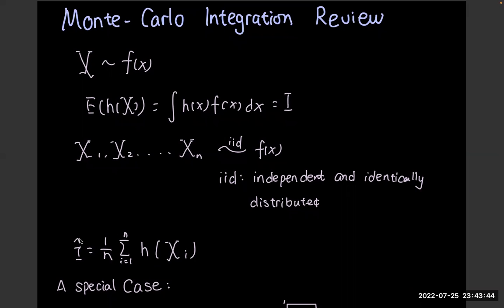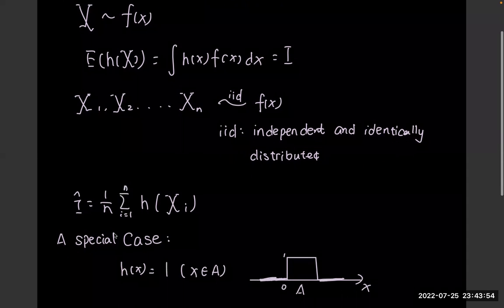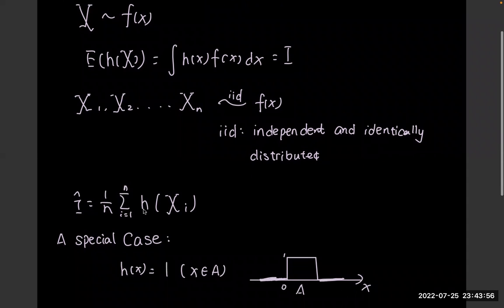We put a hat on top of I, indicating that this is an estimate for this unknown constant I. It is computed as the sample average of h of xi that you sampled from this density. So we use this sample average I hat as an estimate for this Monte Carlo integral.